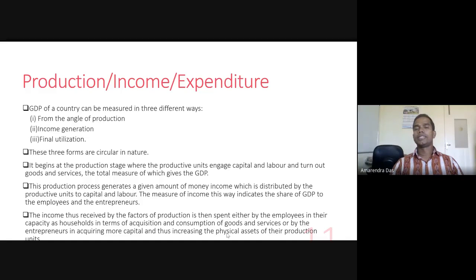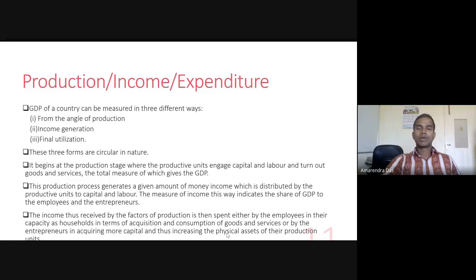In return, it is paying the wage to the household. Now, the household is using that income for buying the commodities from the firm. So the firm is paying the household and the household is also paying the firm. So the circular chain is completed. That is why, to get the national income, we can use the production method, the income method, or the expenditure method. That's why these are circular in nature.